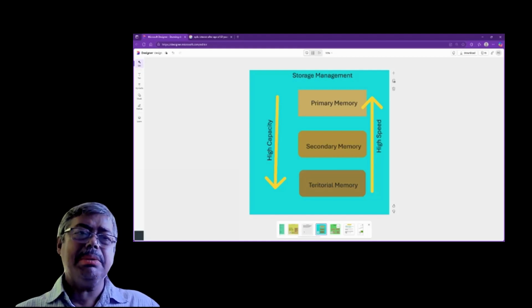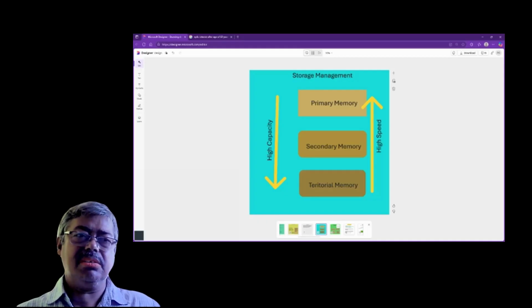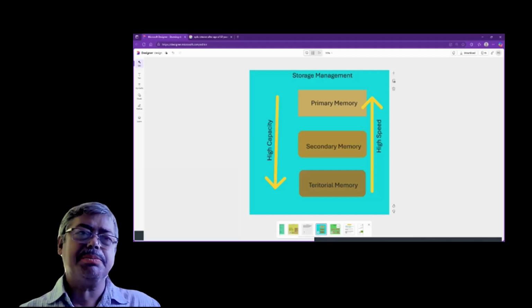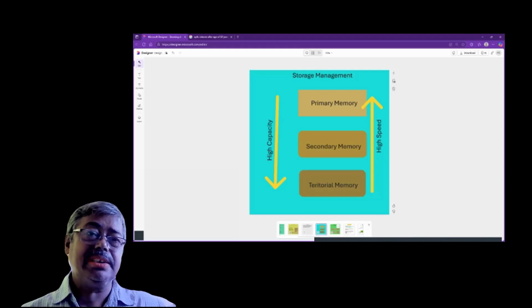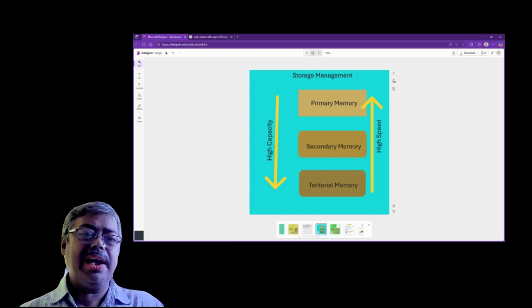So from primary memory to secondary memory and then tertiary memory, storage capacity is increasing, while high speed is being lost. Towards tertiary to primary memory, high speed is gained. So primary, secondary, and tertiary memory show a trend of high capacity, and tertiary to secondary to primary memory shows high speed.